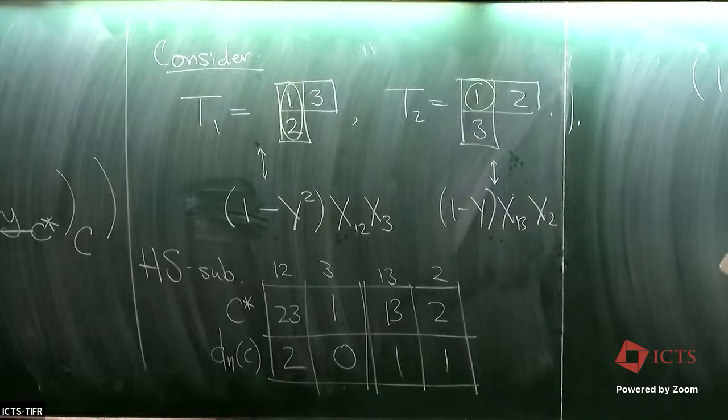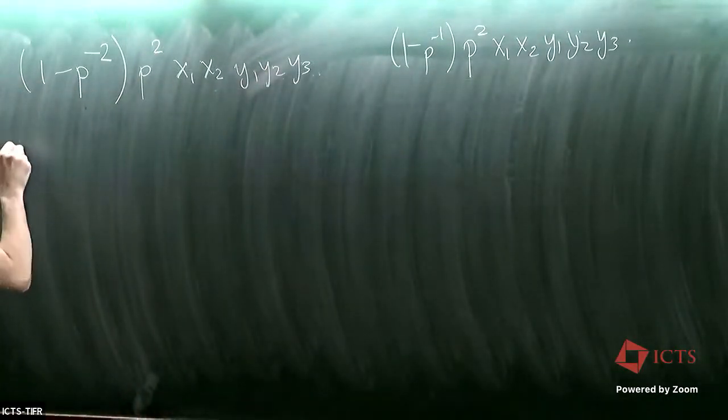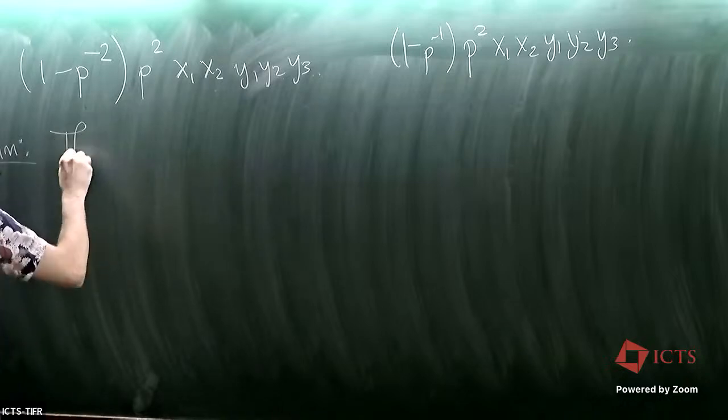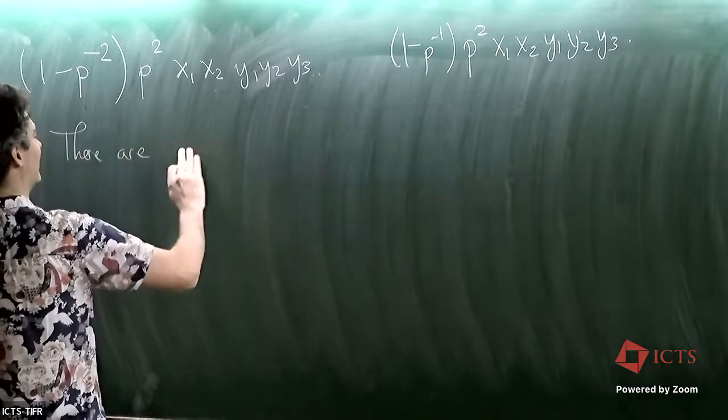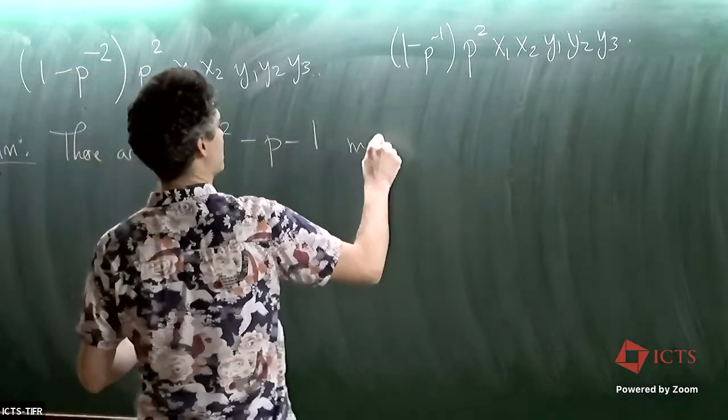Likewise, if I look at the other term, I'll do it a bit faster now. P to the minus 1, I also get a p squared, the sum of 1 and 1. But 1, 2, y1, y2, y3. The last thing I want to say, the claim: there are 2p squared minus p minus 1 matrices of the following form.